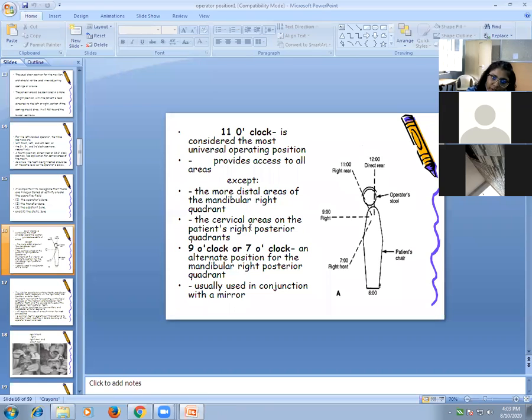When you're working on 47 and 48, the 11 o'clock position is a little difficult to access, as are the cervical areas on the patient's right posterior quadrant. The 9 o'clock or 7 o'clock position is an alternate position for the mandibular right posterior quadrant, and it usually is used in conjunction with a mirror to reflect the light. You can also use it in indirect vision.